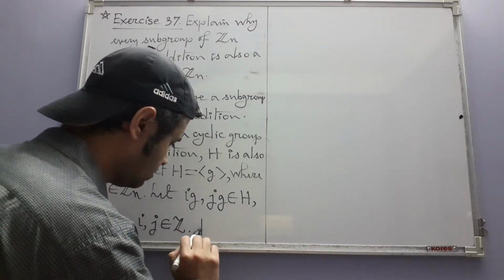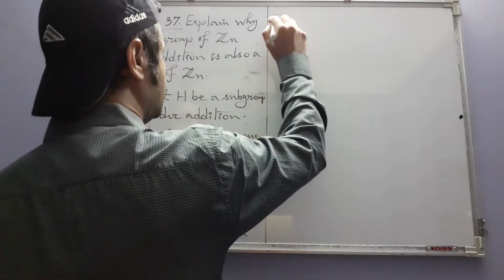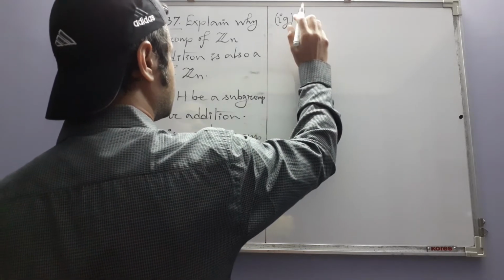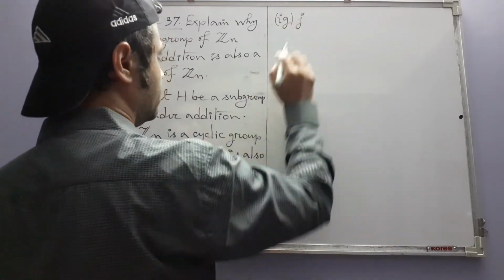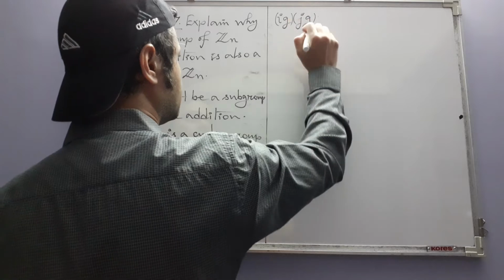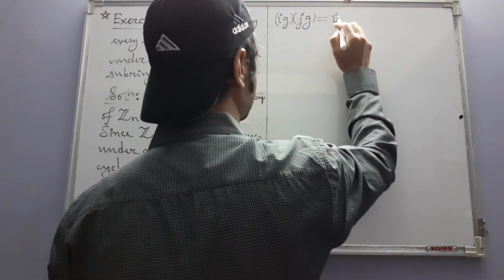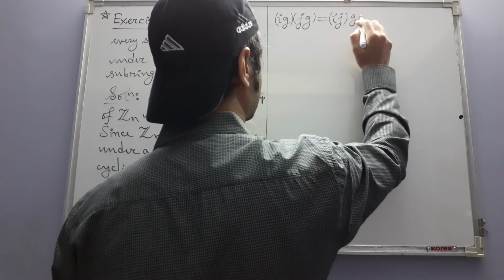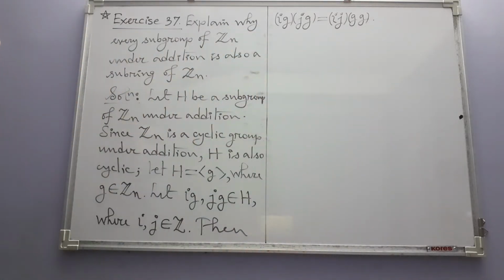Then if we take their product in the ring Zn, that product can also be written like this.